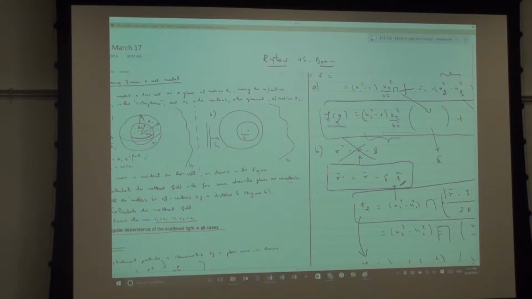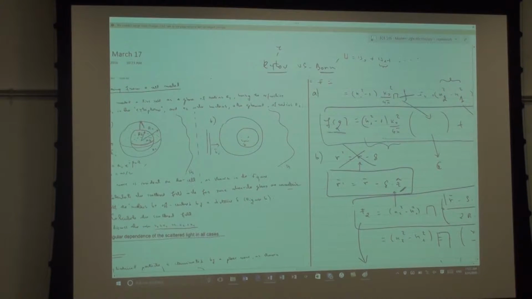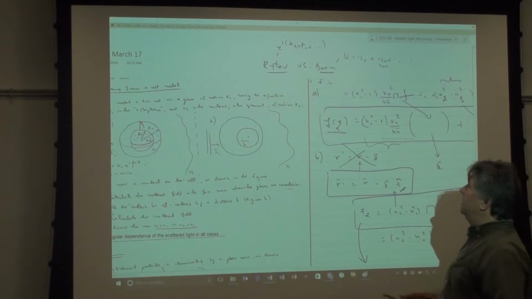In the Born approximation, we simply expanded the field as U0, the incident field, plus U1 plus and so on. So we only keep the first order scattering. We neglect any multiple scattering. In the Rytov, you get this expansion, but in the phase itself. So you get phase 0 plus phase 1 plus and so on. That's the only difference.